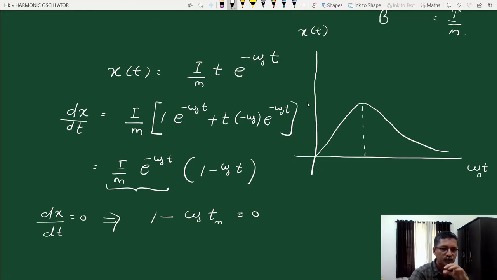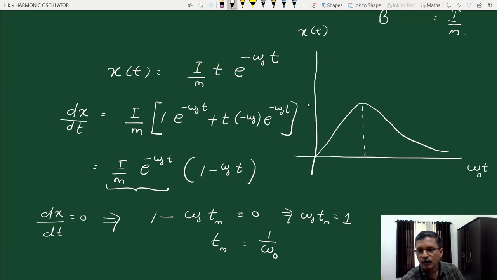That suffix corresponds to the time at which the displacement becomes maximum. So what is this time? It is 1 by omega 0. Or from here you can say that omega 0 tm is equal to 1. In the graph we have plotted omega 0 t along the x-axis, so its value is 1 here when it is maximum.